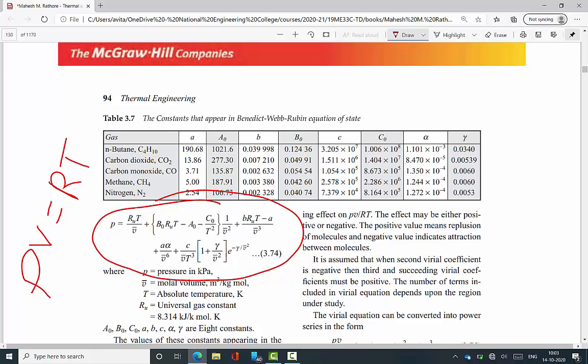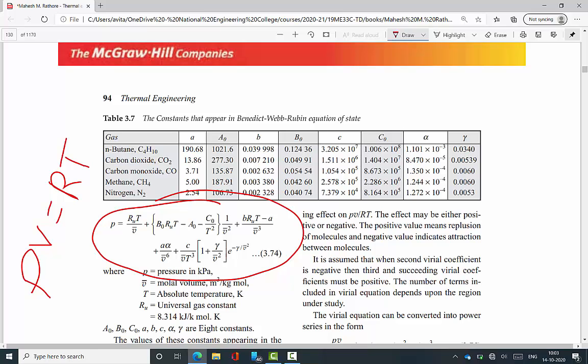It has 8 constants, and with their help we find the properties. This is the difference between real and ideal gases. The constants B naught, A naught have different values for each component. When we substitute the components, we can determine the pressure, temperature, and volume of the particular substance.